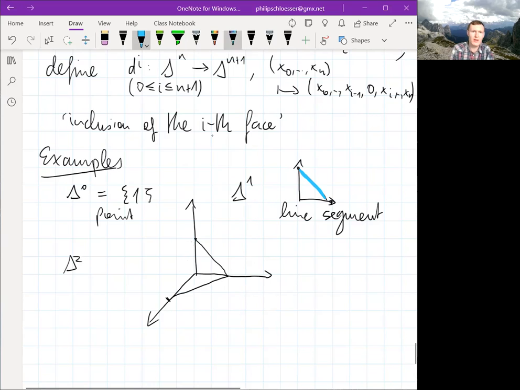So that would then be that plane here. We can see it's an equilateral triangle.